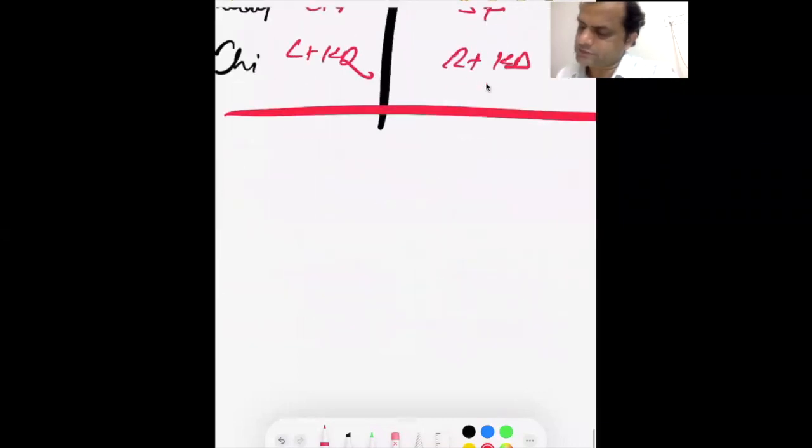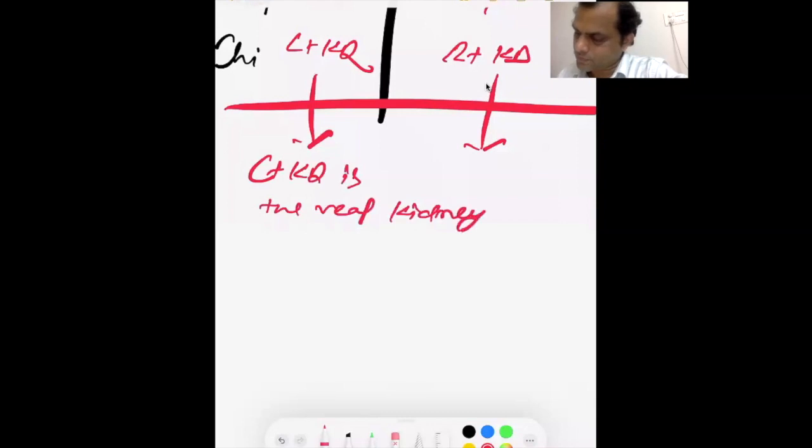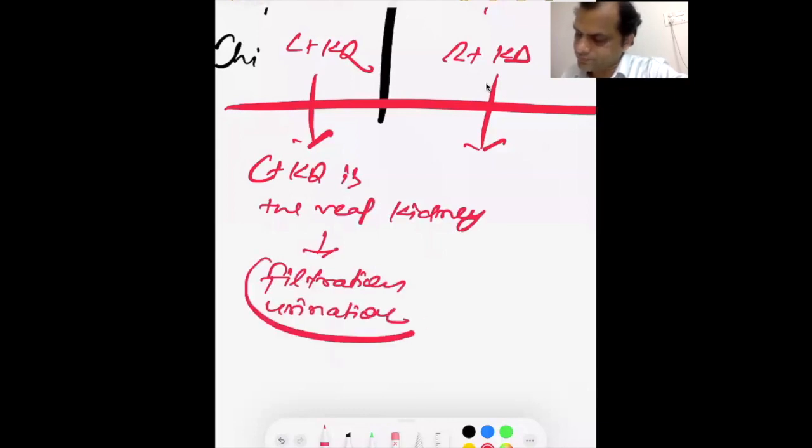So we can check pulse in this way. And what is the difference between right and left kidney? The left kidney is the real kidney, which is connected with the filtration, which is connected with the urination.